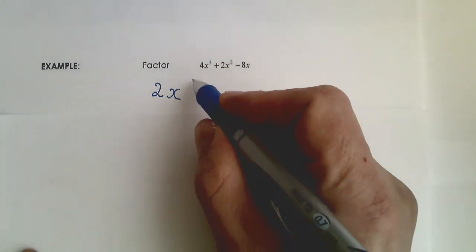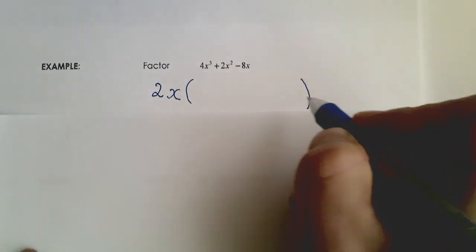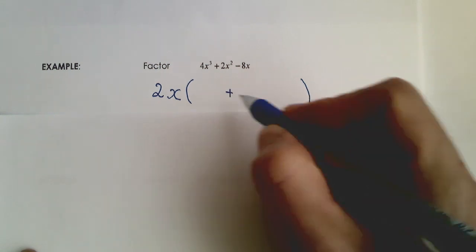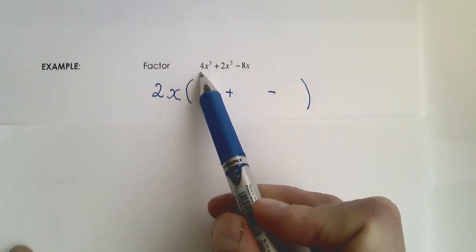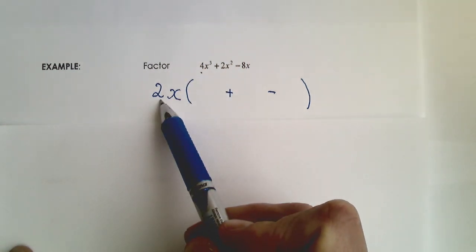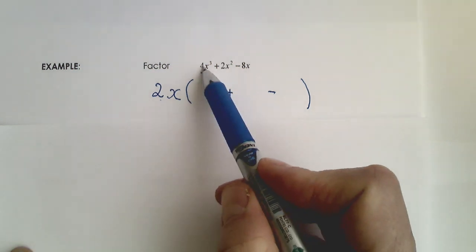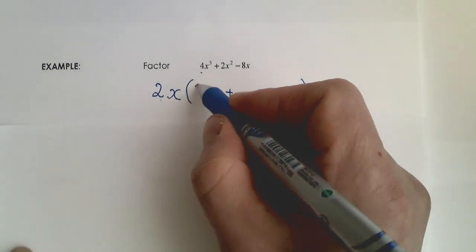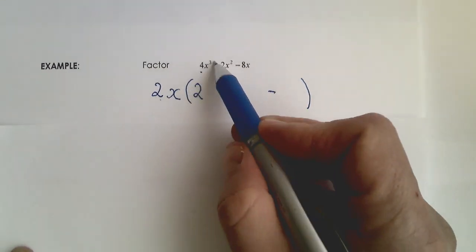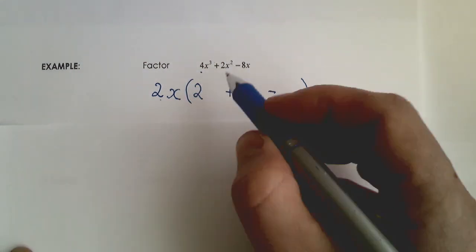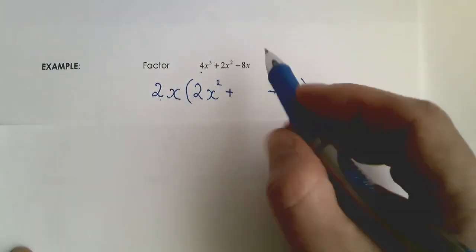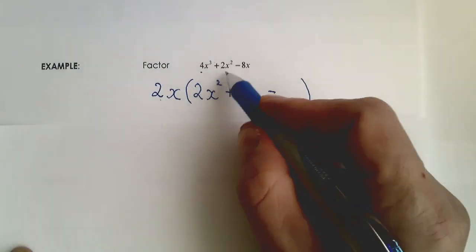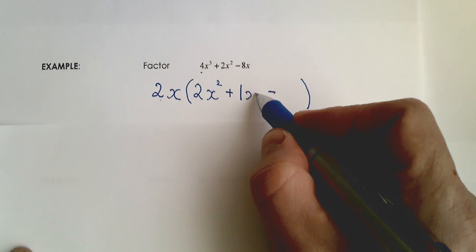And then I will open the bracket. And again, I know I'm supposed to have 3 terms, and how I will get them is basically I will take the original term and divide it by my greatest common factor. So 4 divided by 2 is 2. X cubed divided by x, applying exponent laws, will give me x squared. 2 divided by 2 is 1. X squared divided by x is x.